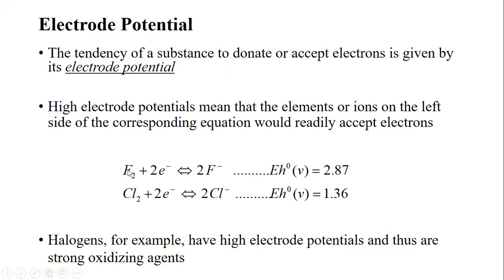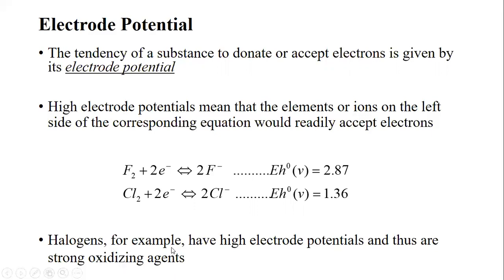They quickly go from the zero form, accept electrons, and change to the negatively charged ionic form. And so we say they have high electrode potentials. Halogens, for example, have high electrode potential and thus are strong oxidizing agents.